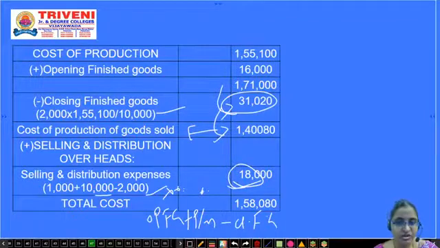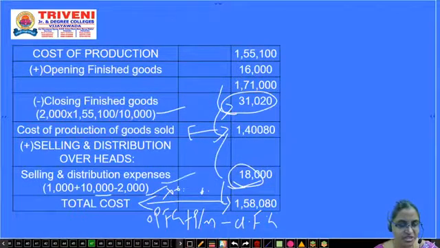So 1,40,080 plus 18,000 you got 1,58,080. It was named as total cost. So once again I repeat the point. The selling and distribution expenses are 40 paise, as they told.